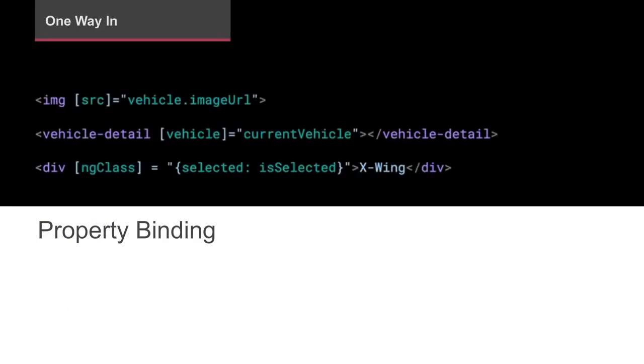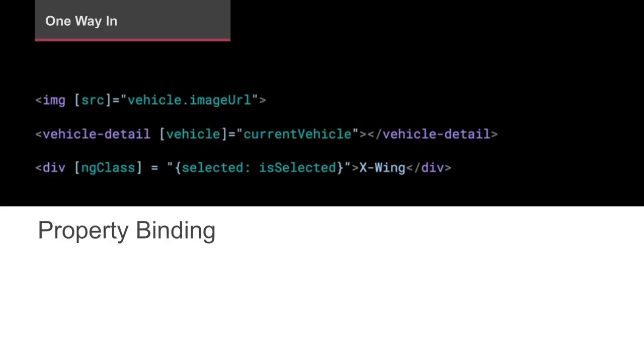Well, what about properties? This is where it gets wicked cool. So here, you might look at this and say, all right, we've got this syntax like source and vehicle and ng class with these square brackets around it. Those square brackets are saying these are properties of the DOM, and I want to bind them to some value in the component. Remember, this is binding a value from the component up to the DOM.